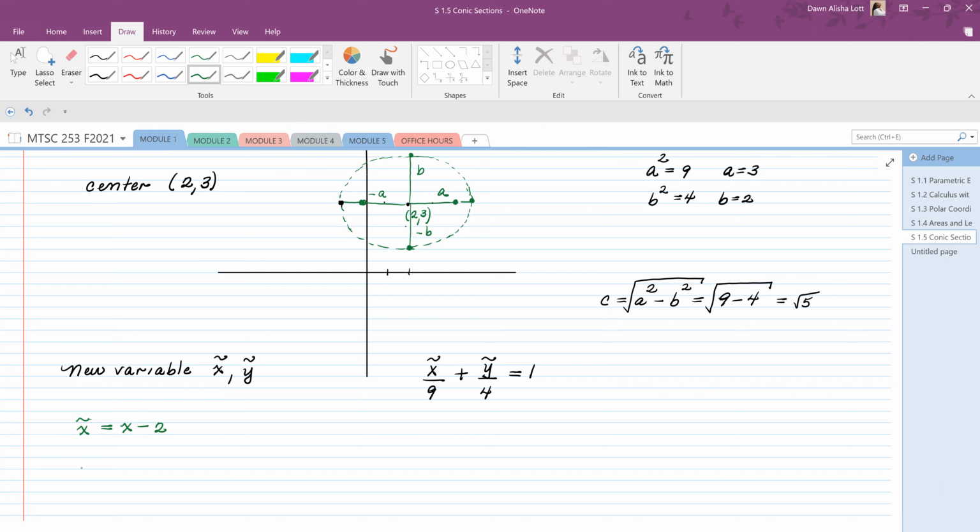So C tilde becomes square root of 5 minus 2. So I think that should be right. Let me make sure. No, it's not.